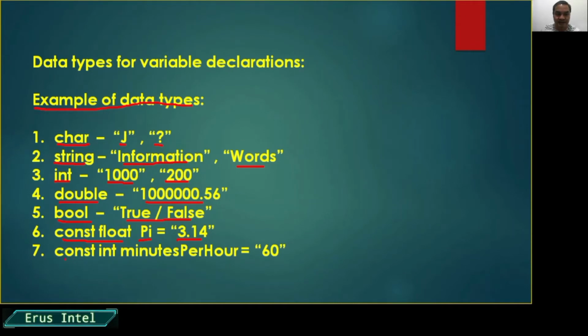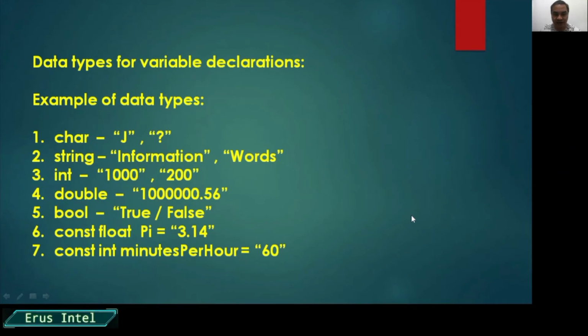Last is the constant int, which is, for example, minutes per hour. This is a constant value of 60 minutes per hour. So these are constant integers. Okay, so now we will proceed with our program.